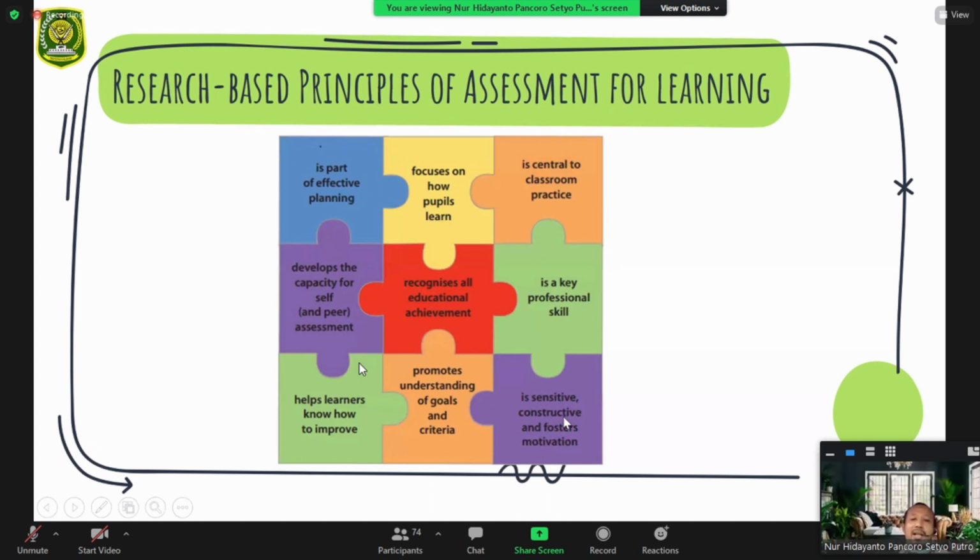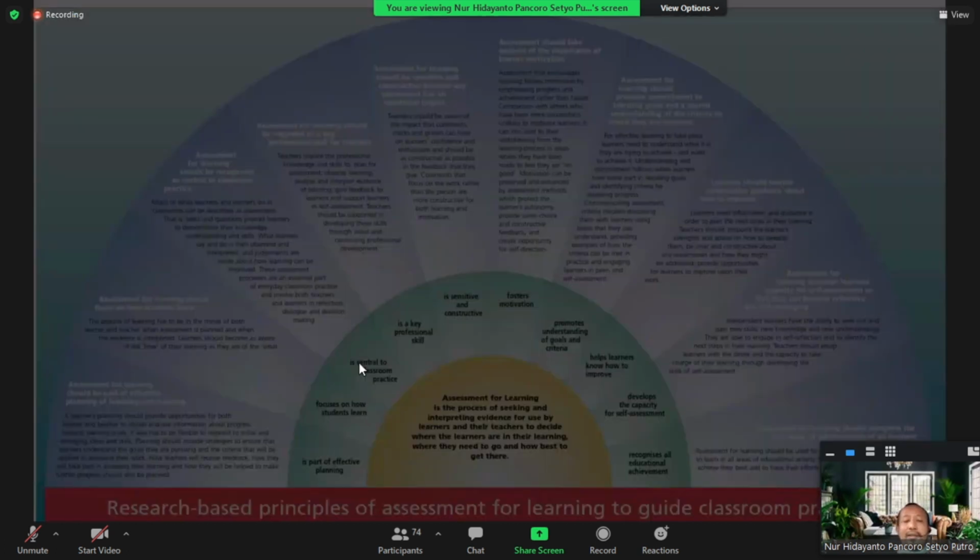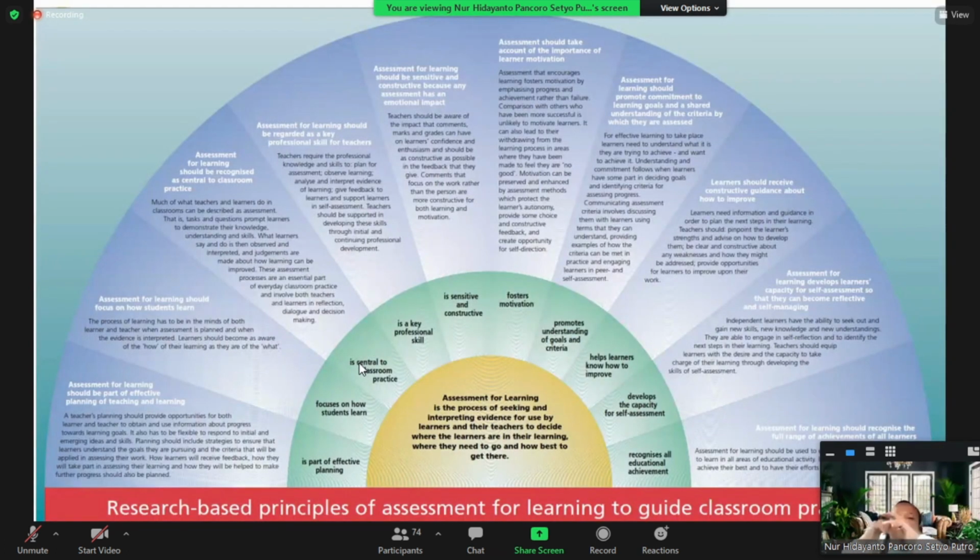The last one is sensitive, constructive, and foster motivation. Itu 2 poin. What is the explanation on part of effective planning, focuses on how pupils learn, central to classroom practice, and so on. So if we have a look at the next slide, I'm sorry that it might be too small for you to read, but you can get the slide from the organizing committee so that you can read better.